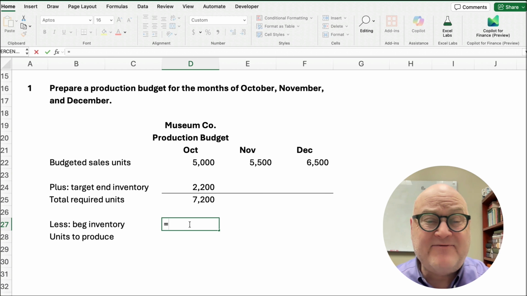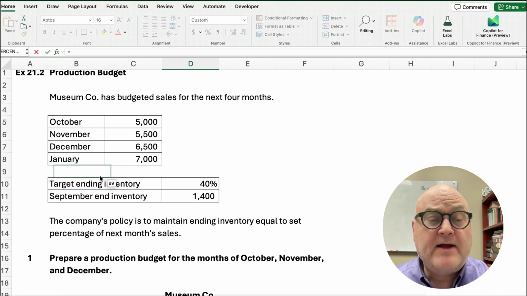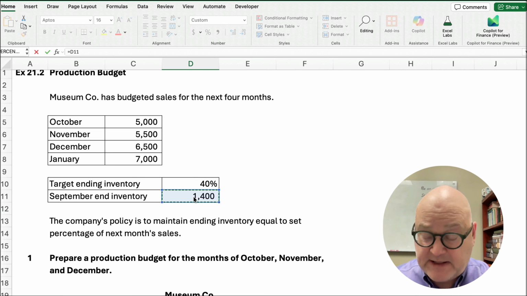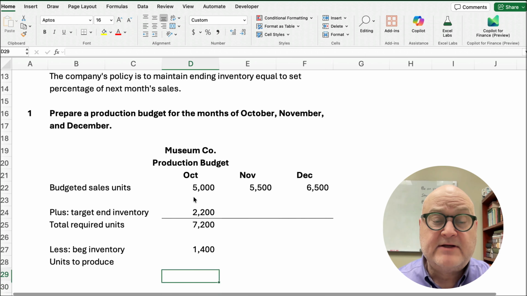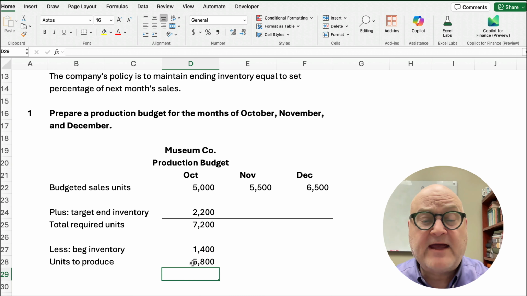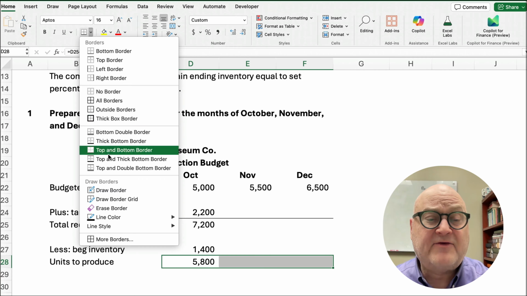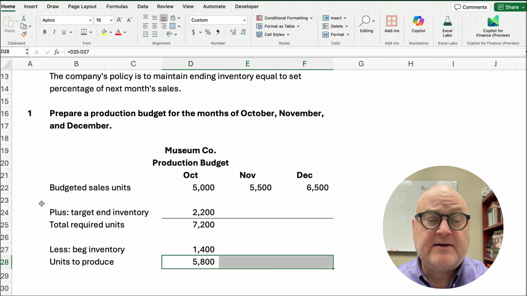Our beginning inventory for October, we don't know, but we know the September ending, so that's October's beginning, 1,400. So we're going to take the 7,200 minus the 1,400, and we need to produce 5,800.